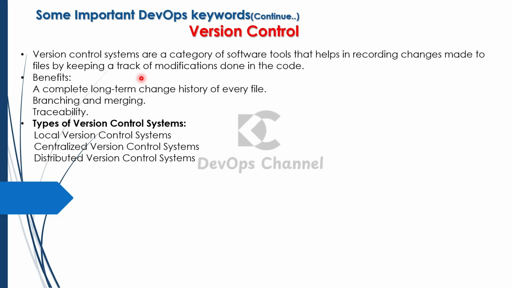Now, what are the benefits from it? A complete long-term change history of every file, which consists of the author's mail, and also the time and date of the change, right? Also, branching and merging. It is not needed that every developer will be working on the same branch.